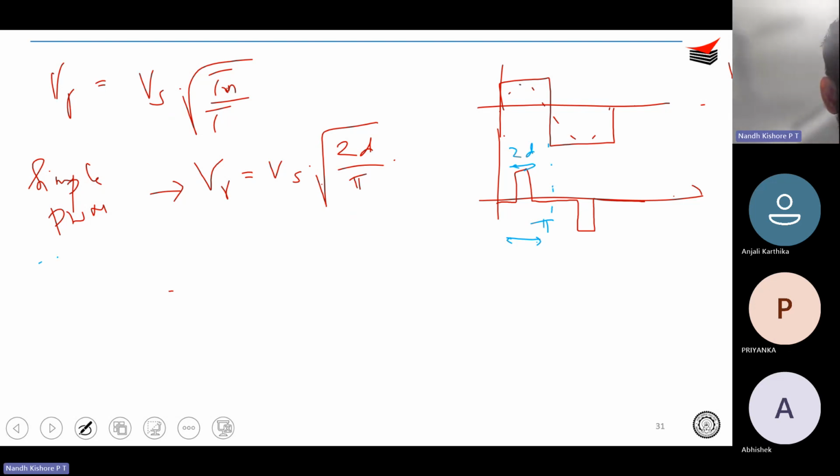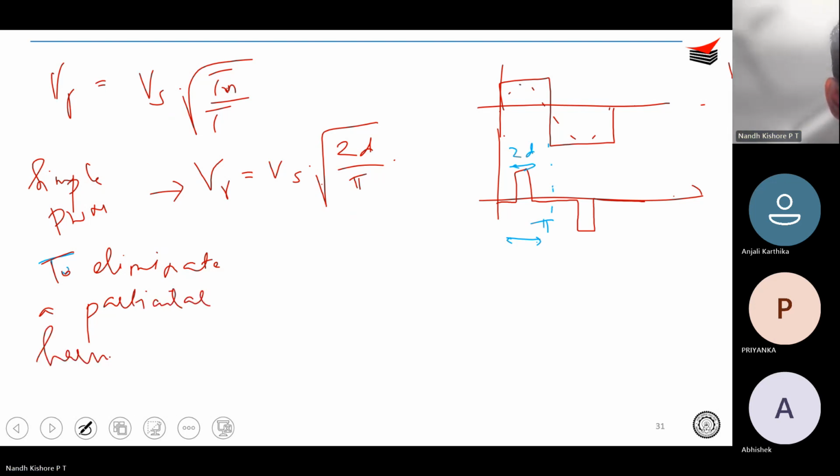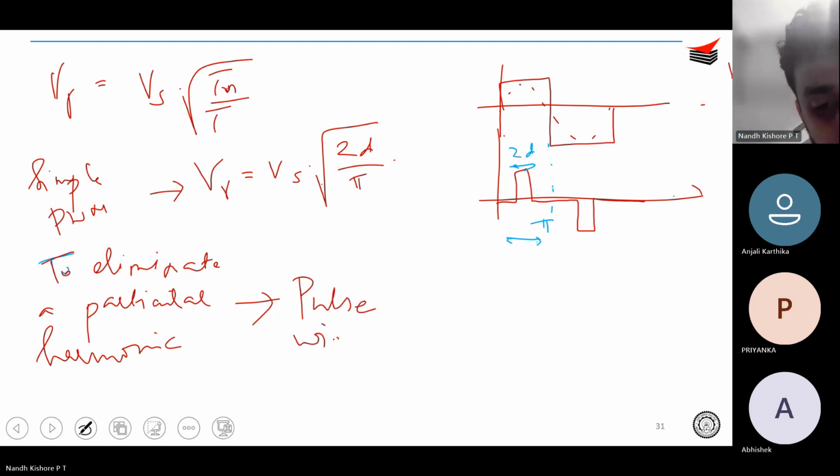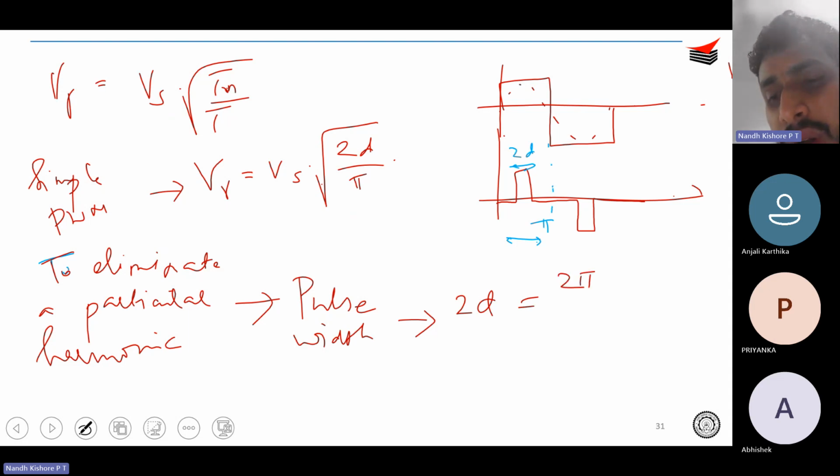You also saw that to eliminate a particular harmonic, the pulse width should be, 2D is equal to the pulse width, 2 pi by n, 4 pi by n, and so on.